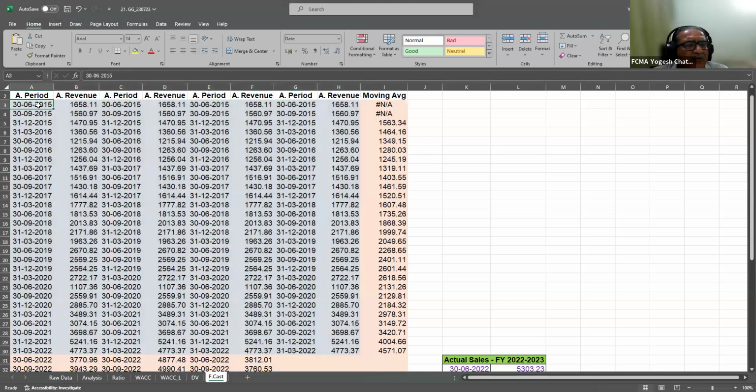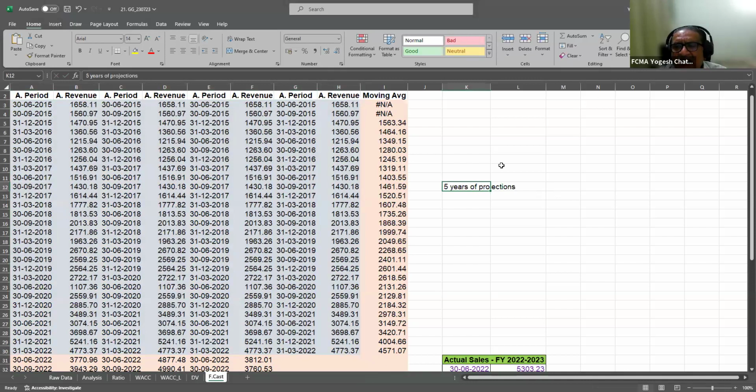Supposing I need the next 5-year projections of revenue from operations, what I will do is take those projections from Excel.